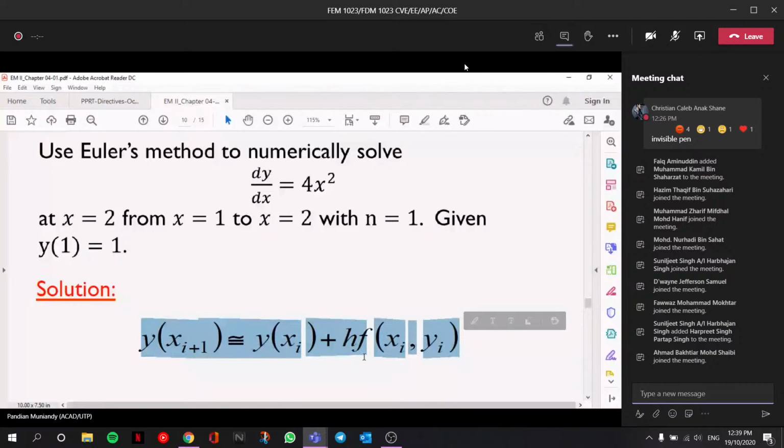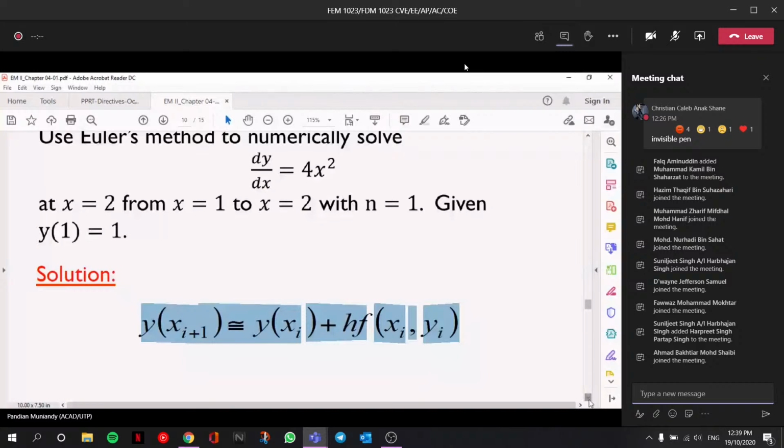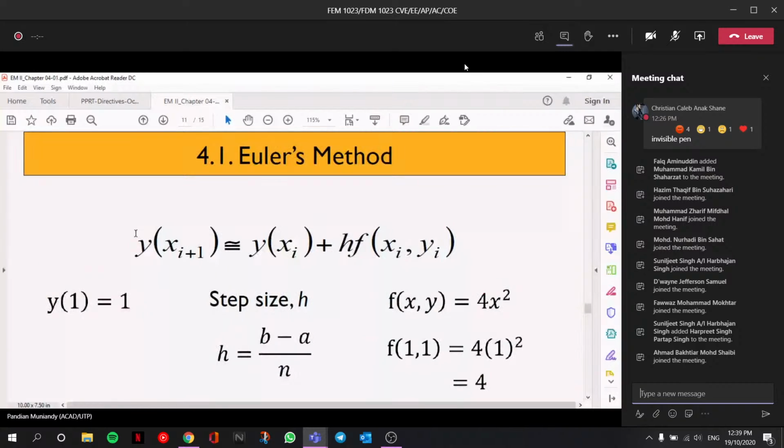We need this: y(x(i+1)) equals y(xi) plus h f(xi, yi). First, this formula you must know. And then this one is given. What is the meaning? When x naught is 1, your y naught is 1. They don't write x naught, y1. You have to write.